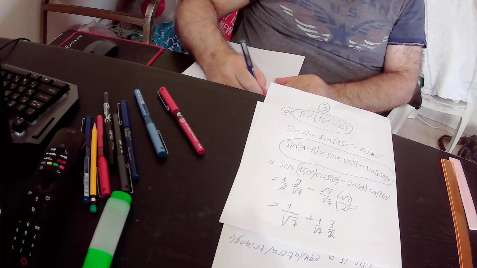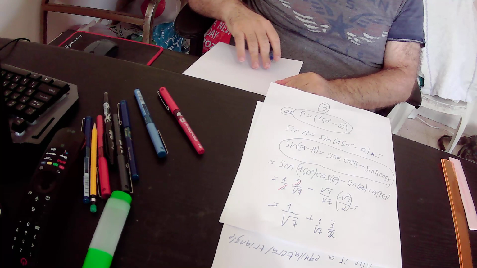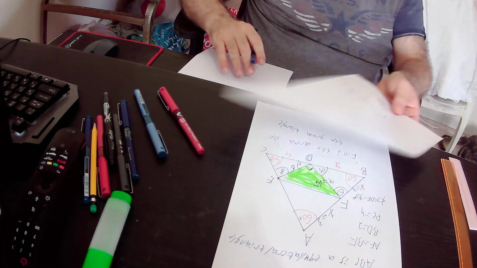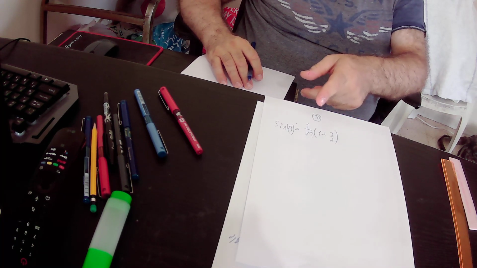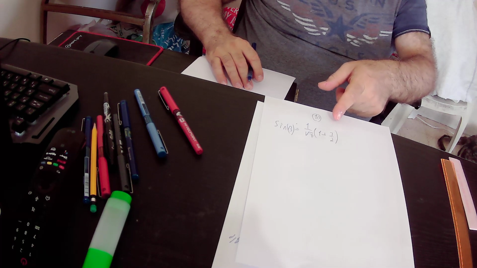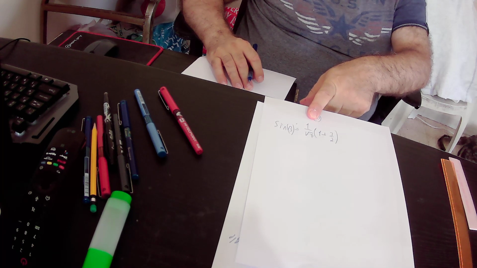So actually in total we got that sinus beta equals 1/√7 times (1 plus 3/2), because we took out 1/√7 as a common factor.